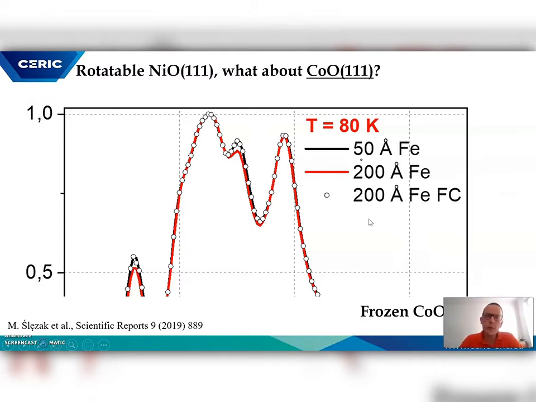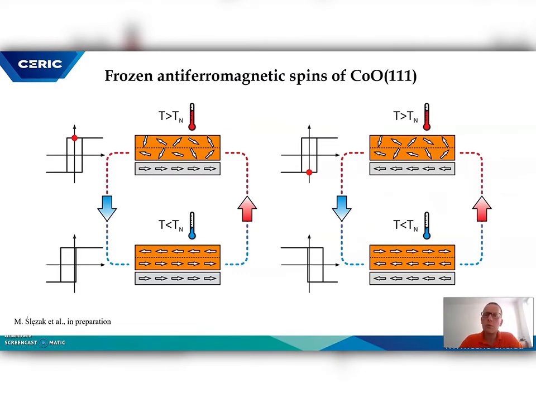And this is done here for two orthogonal in-plane orientations. One can also do something similar for two collinear orientations, namely for parallel and anti-parallel orientation of interfacial antiferromagnetic spins. And this can be done, for example, by cooling down the system in one of two possible remanent states, positive and negative.